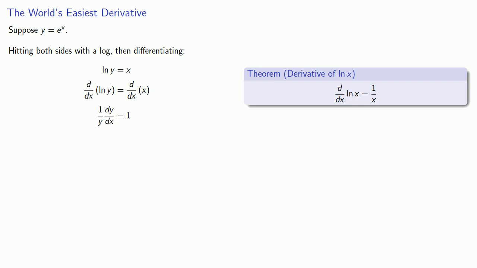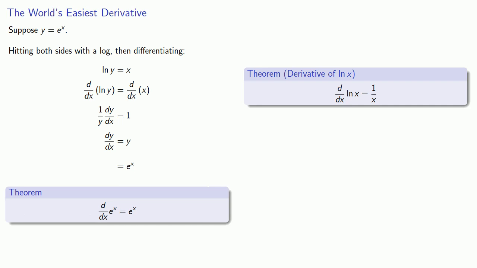And I can rearrange this to find dy dx is equal to y. But now I'll put everything back where I found it. y is e to the x, and so dy dx is equal to e to the x. And this gives us a useful theorem about derivatives. The derivative of e to the x is e to the x.